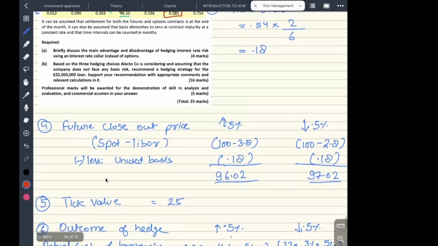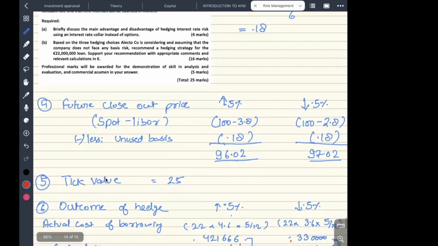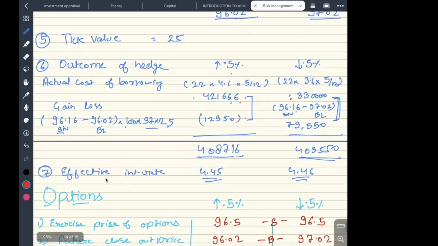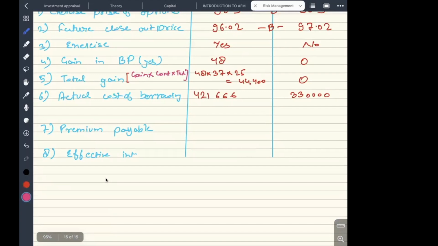If you remember, whenever I take an option, I have to pay a premium, right? So over here, what is the formula for that? I'll write it down over here. Premium multiplied by contract multiplied by tick multiplied by spot, which is 100.